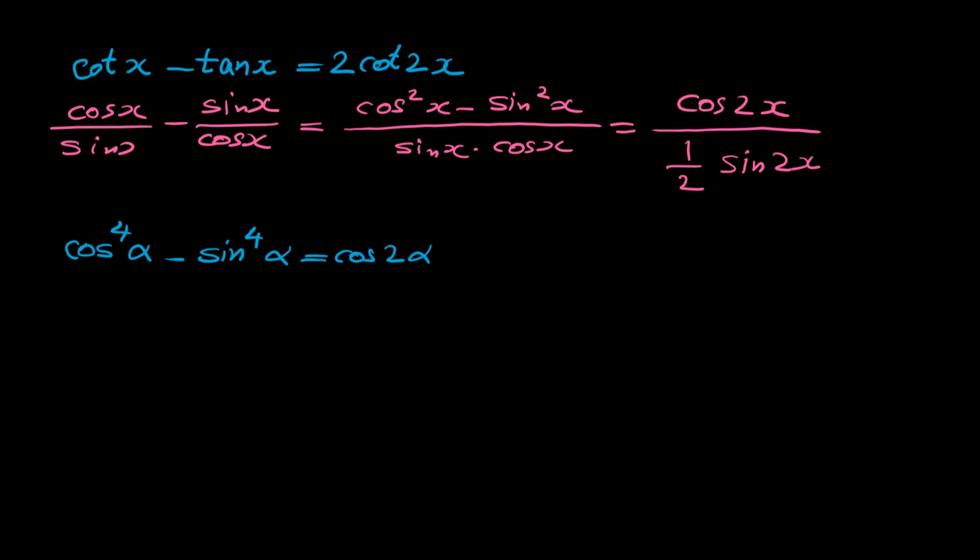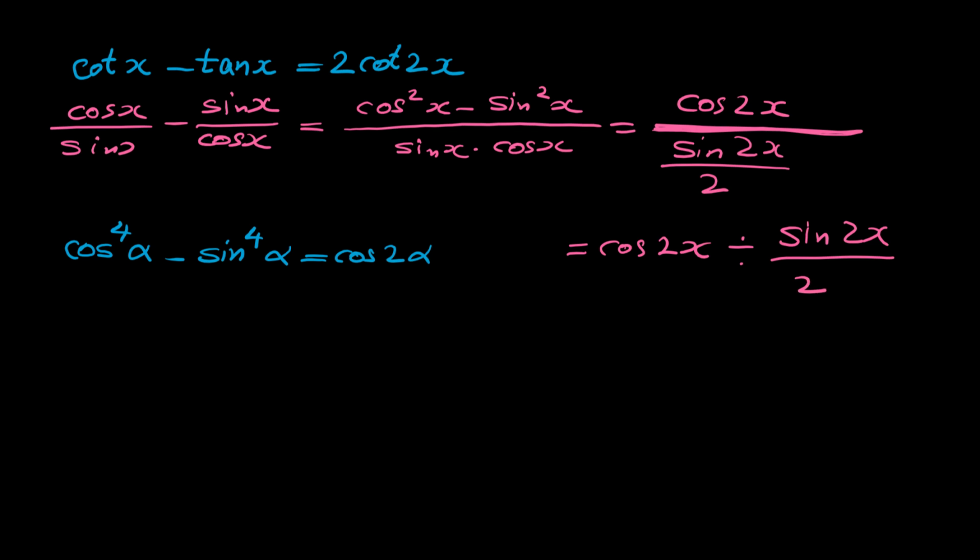So far we know that sine x cosine x is 1/2 sine of 2x. Or, if you like, you can consider this as sine of 2x divided by 2. It's the same. For dividing expressions, when you have a compound fraction, this is the same as cosine of 2x divided by sine of 2x over 2.